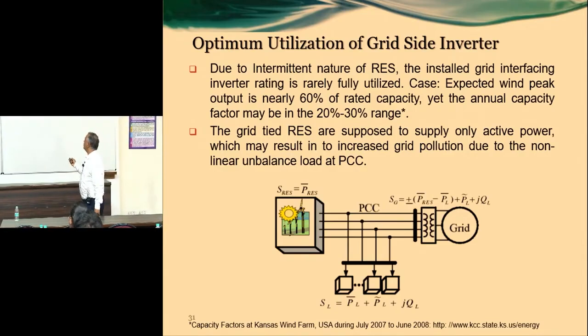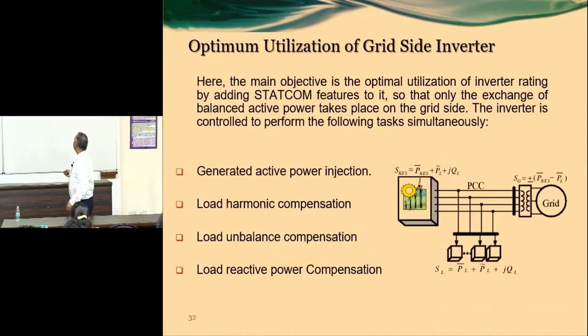If you are generating less than the load demand, only active power is drawn from the grid. There is no exchange of reactive power and harmonics at the point of common coupling. That means you have solved your problem and the grid problem also. That kind of concept we have built into this system.